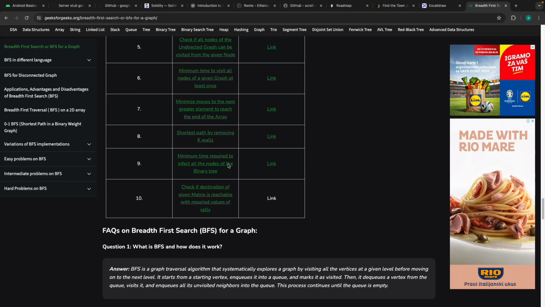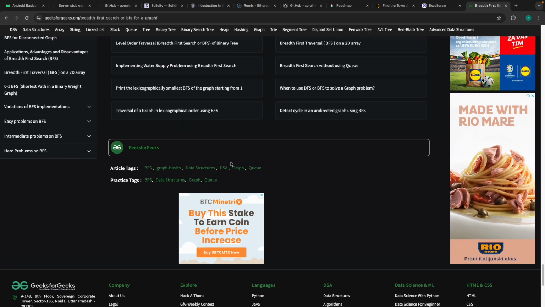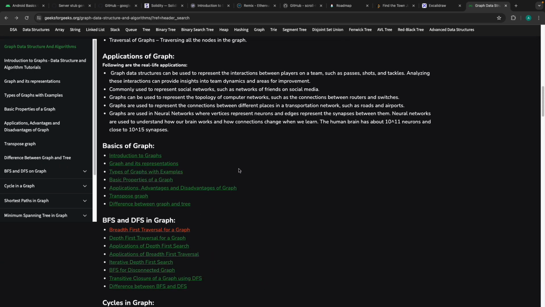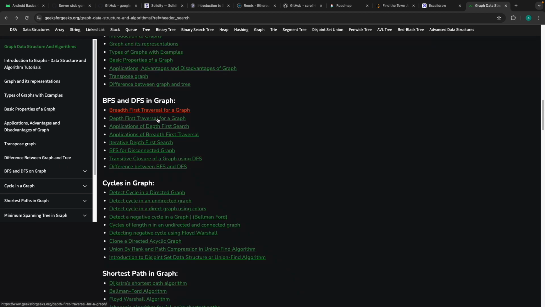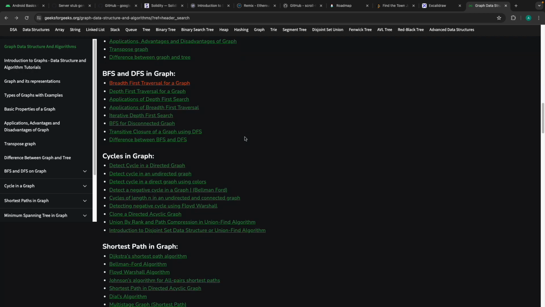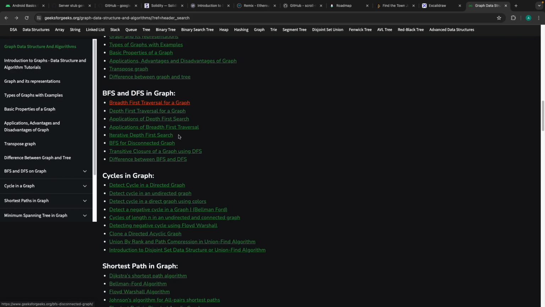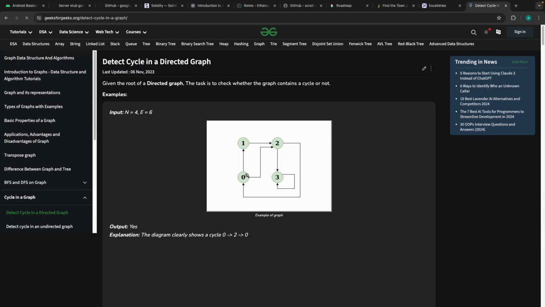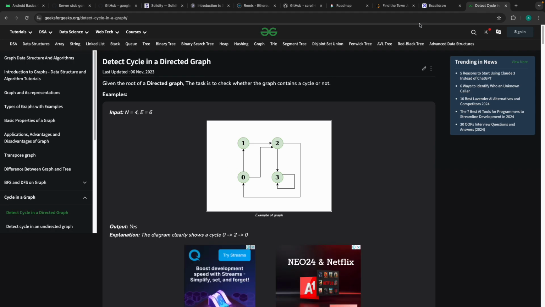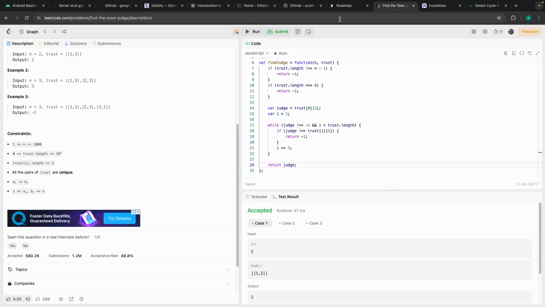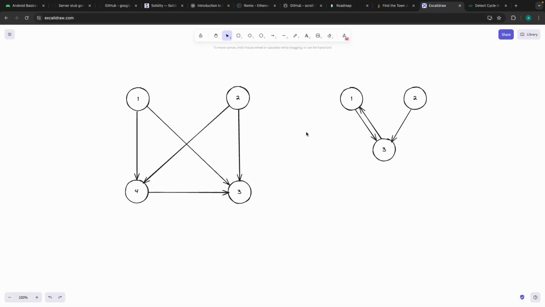So if I have the graph with the directed edges, how can I use it? Directed graph. Detecting cycle, applications, so detecting cycle, is it helping us?